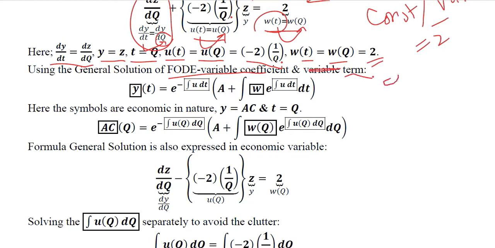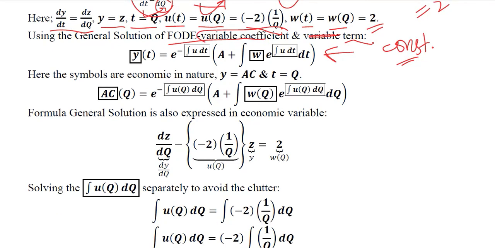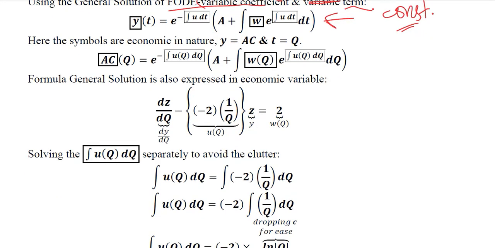So it is suitable to use this formula because it has the ability to incorporate the variable coefficient. This is a usual procedure that we have done before in the introduction of the Bernoulli's equation.